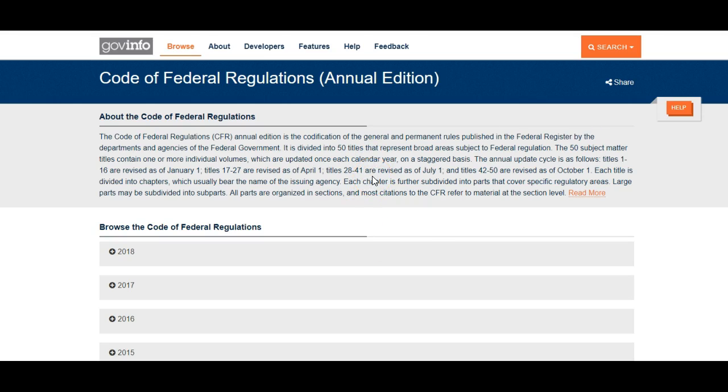And remember, there are different colors depending on what month it's updated. So some are in January, some are in April, July, and October. But that's what you will see in this Code of Federal Regulations annual edition on GovInfo. So you'll only see it as of basically when the print was updated.